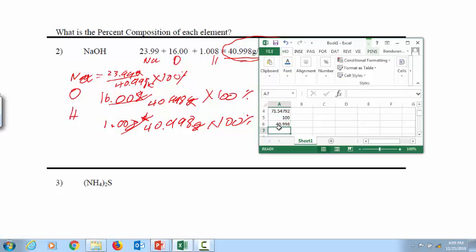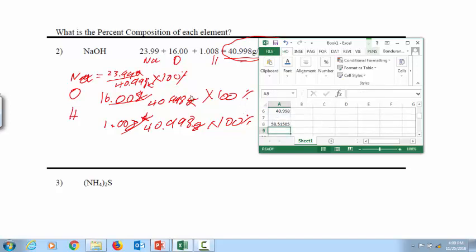And then I'm going to go down one, equals 23.99 divided by this value times 100.